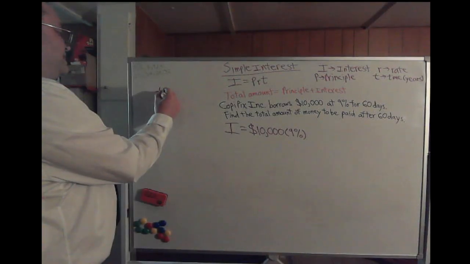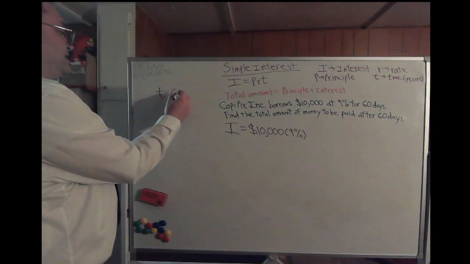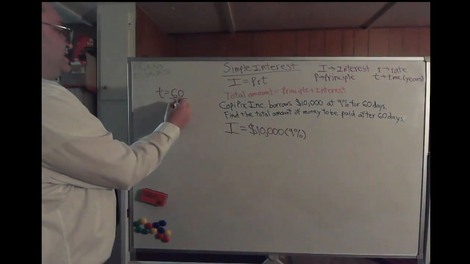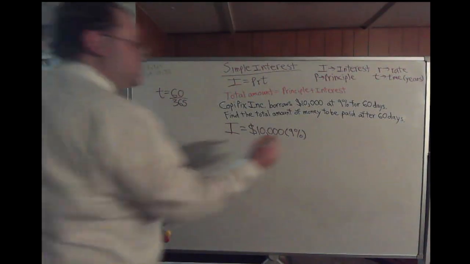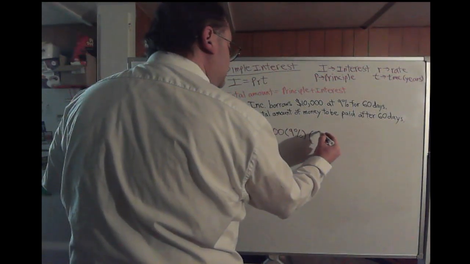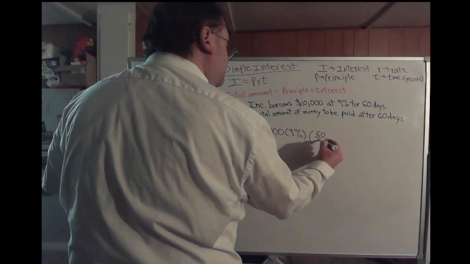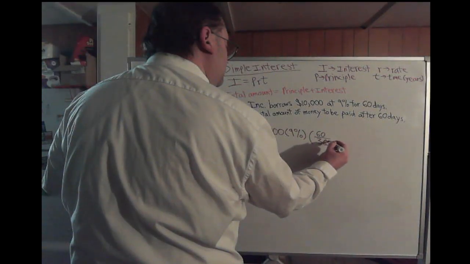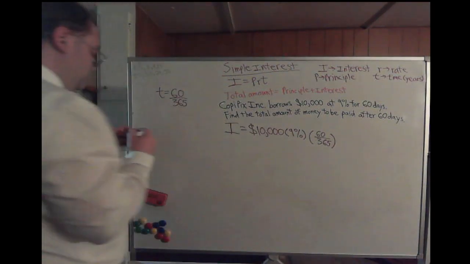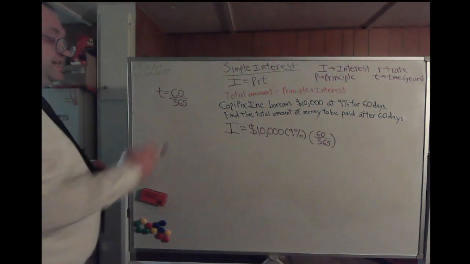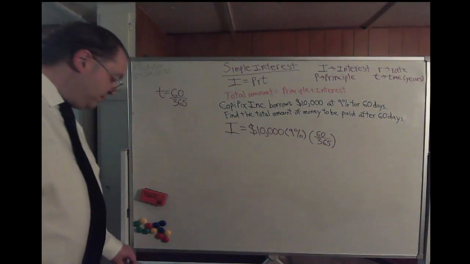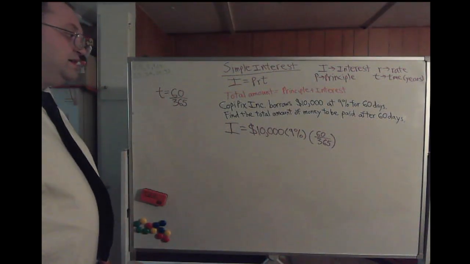The time in this case is going to be 60 out of 365 days, because they're only doing it for 60 days out of the year, if that makes sense.